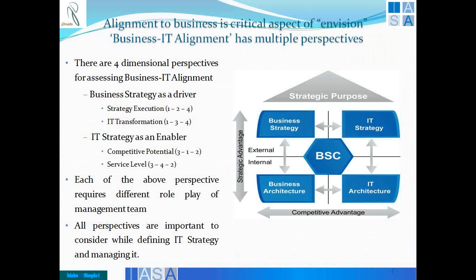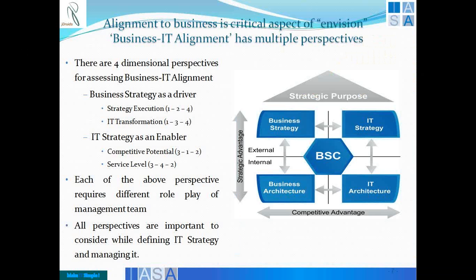So that is checking your competitive potential. You have an existing portfolio of applications. You cross-check and cross-validate with your business strategy. You align your IT strategy to it and then redefine your IT architecture. And the business is least interested in this because you're going to get the same thing, but maybe the cost and the performance angles will improve. But this is IT strategy as an enabler.